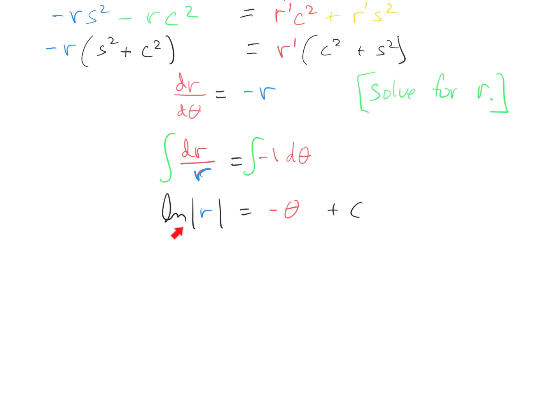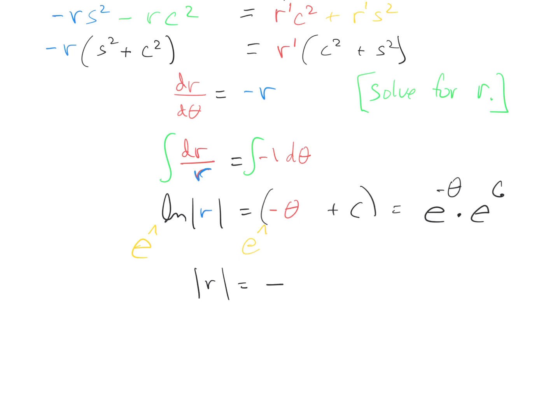We need to get rid of this natural log, so we'll do the inverse function, which is the exponentiation, same base e. Now we have the absolute value of r is equal to e to the power, which is the same thing as e to the negative theta multiplied by e to some constant.